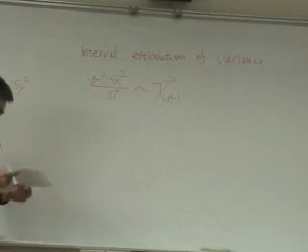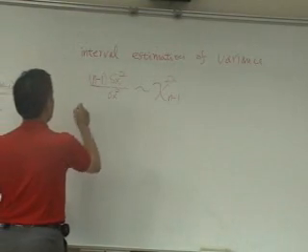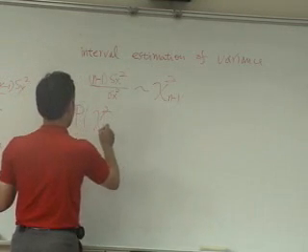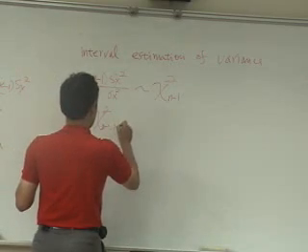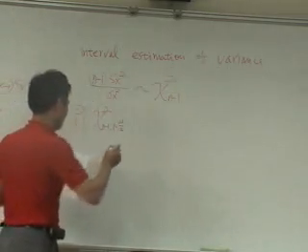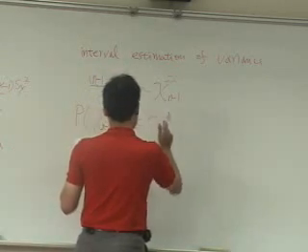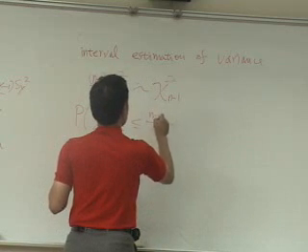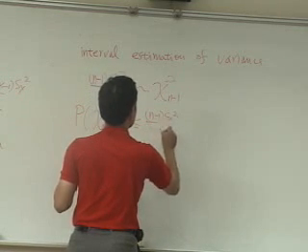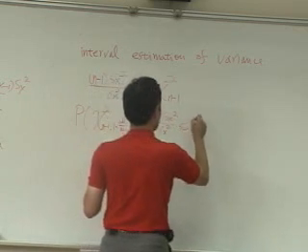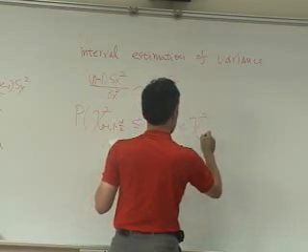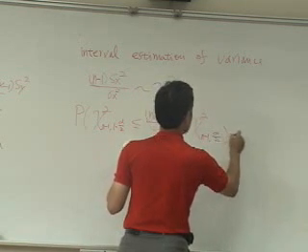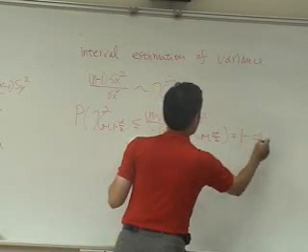Okay, this is what you need to know. And then you have the probability that chi-square with degrees of freedom n minus 1, 1 minus alpha over 2, is less than (n minus 1) sx squared over sigma x squared, which is less than chi-square, n minus 1, alpha over 2. This is equal to 1 minus alpha.